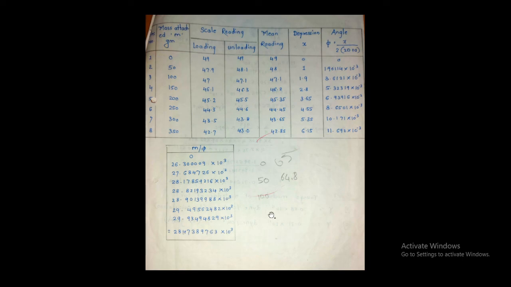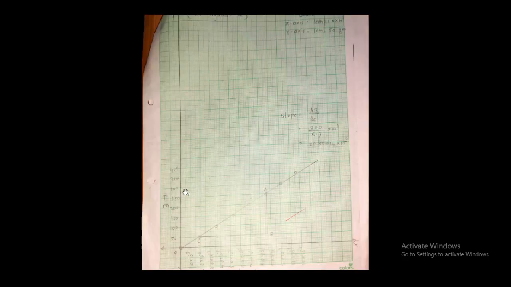By taking the mean we calculate Y, the result by calculation, and by plotting the graph of m versus phi, with m on the y-axis and phi on the x-axis, we take the slope, which can be used in the formula to get the result for Y.